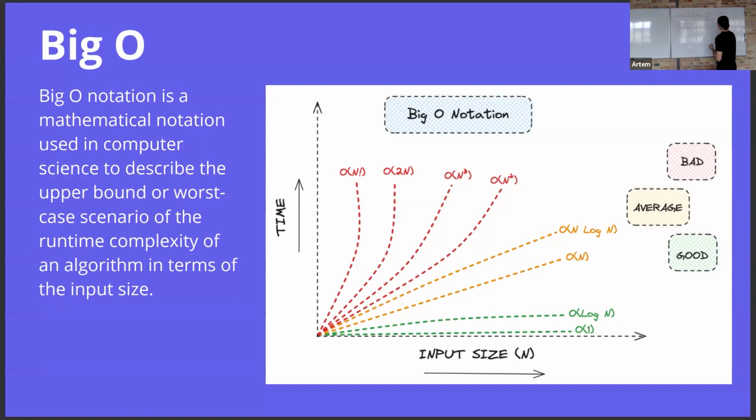O(n), and you can see the difference. To get an element from an array, it costs us only O(1), but in the linked list, it's already O(n).